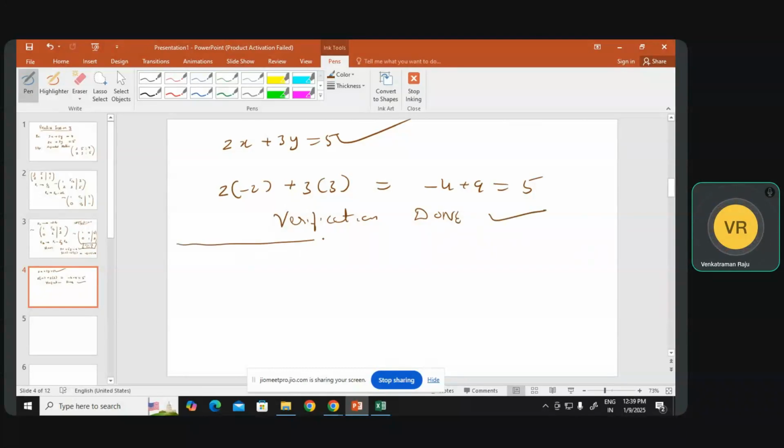Okay, so we have done a very simple 2 by 2 example. I'll try to quickly also show you a bigger example. This is very algorithmic.